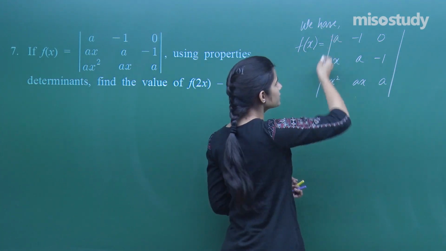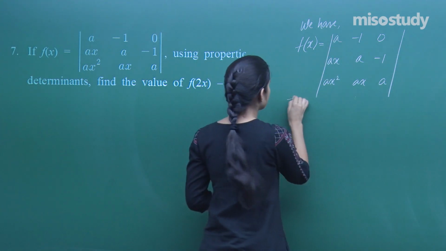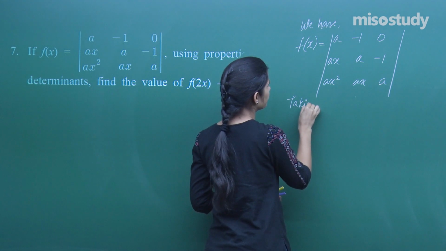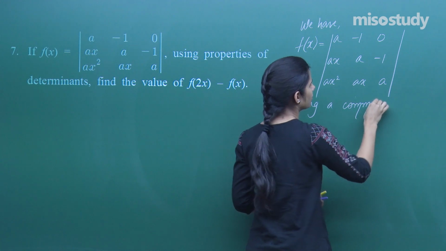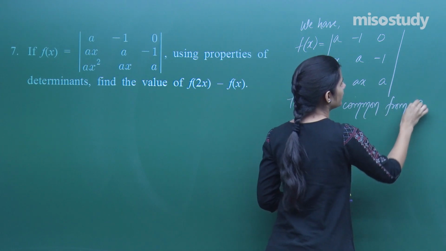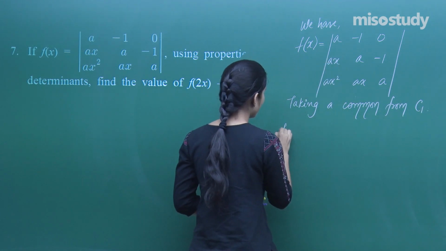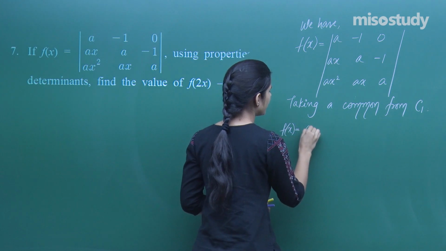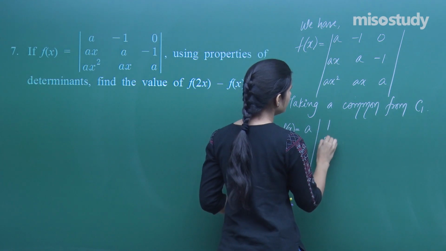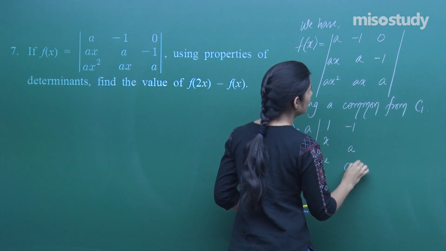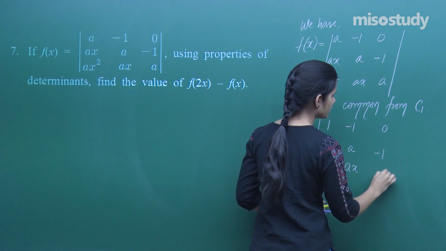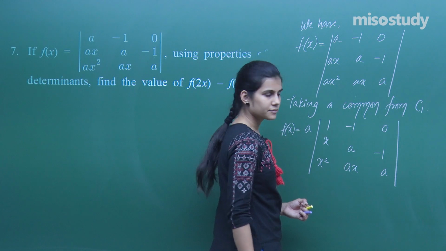Clearly you can see in the first column there is a common. So taking a common from column 1, you have f(x) is equal to a common. Now you have 1, x, x square, minus 1, a, ax, 0, minus 1, a.